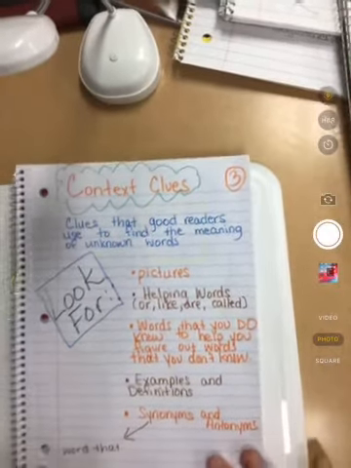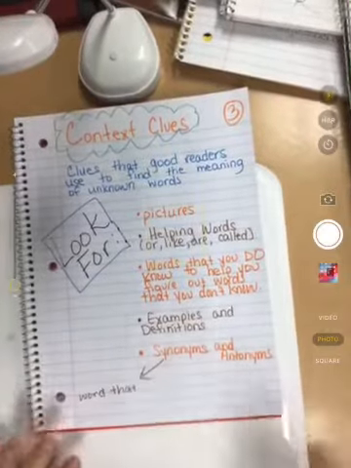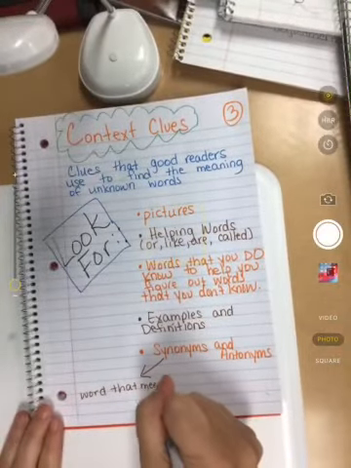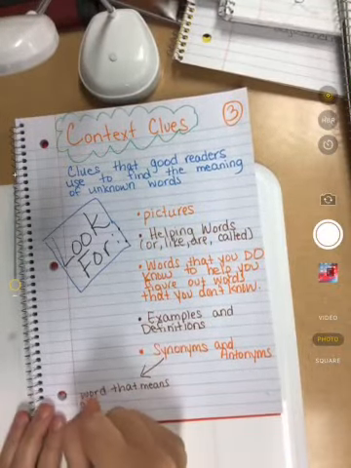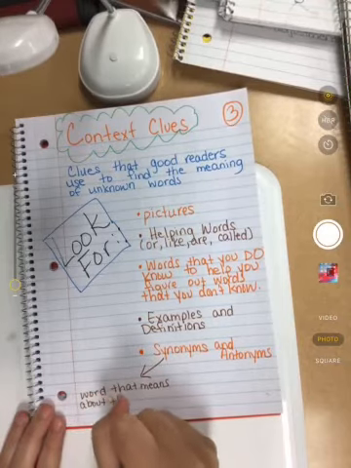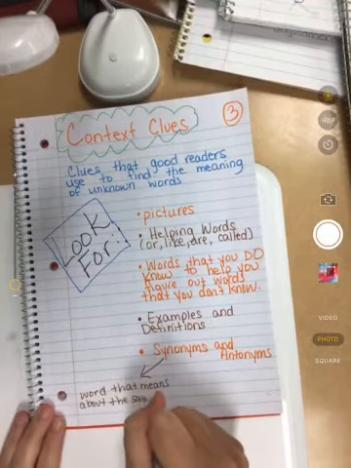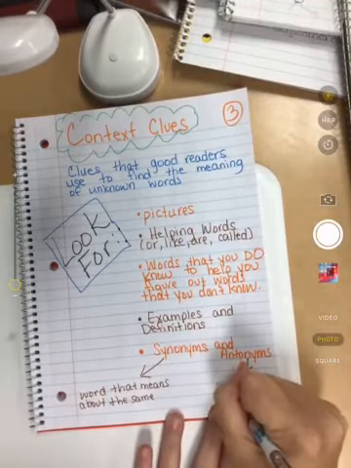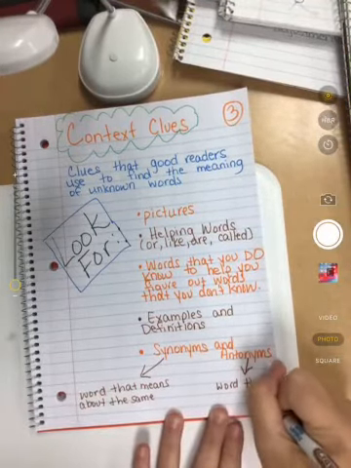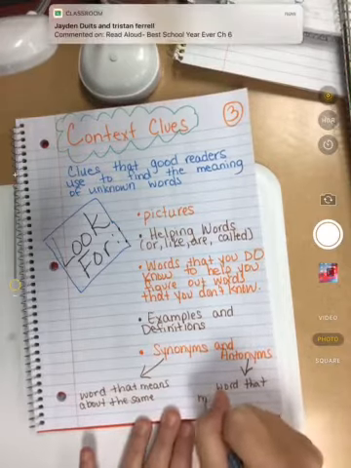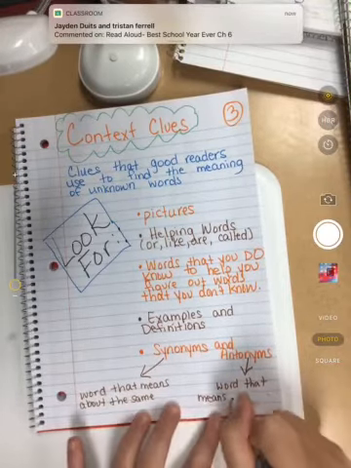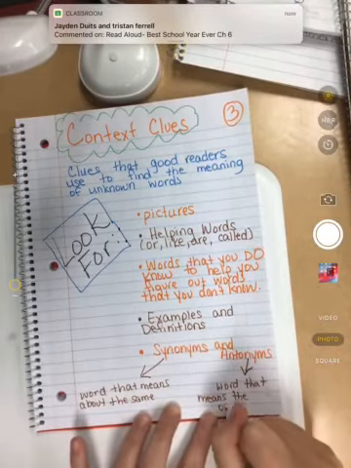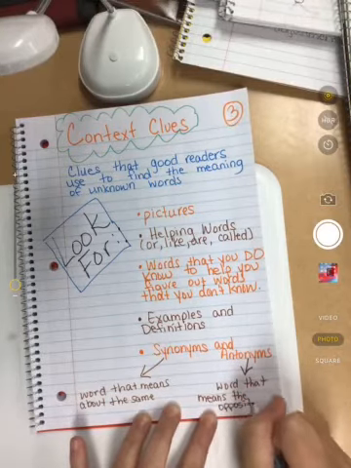Okay, let me scoot up. Word that means about the same. And an antonym is a word that means the opposite.